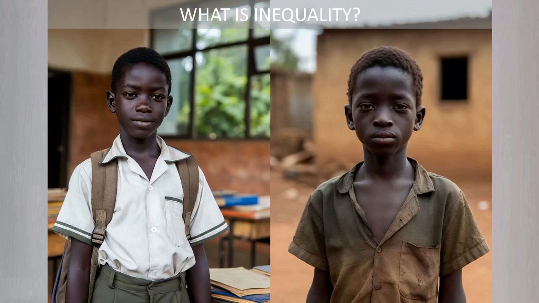Educational inequality arises when access to quality education differs. Gender inequality affects opportunities available to men and women. Regional inequality occurs when some areas develop faster than others. A high level of inequality can reduce social cohesion, create tensions, and even slow economic growth.